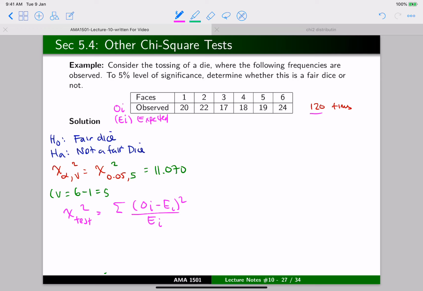So we just divide by 6 to calculate the expected value. When you toss a die 120 times, the expected number of times to land 1 is 20. Here's also 20, here's also 20, land 4, 20, 20, 20.